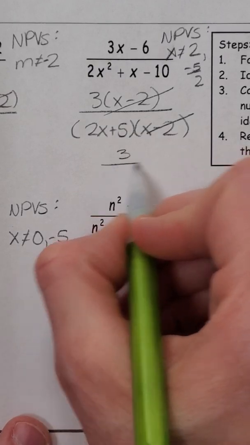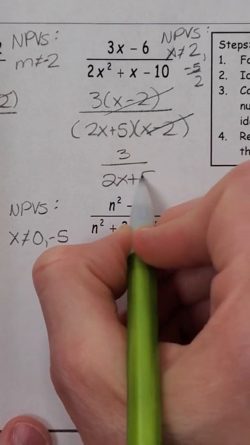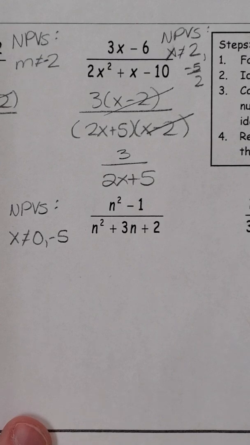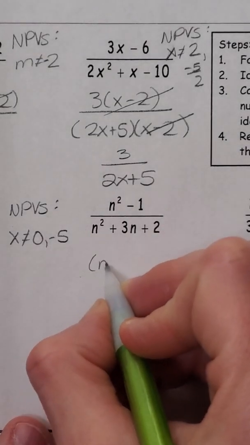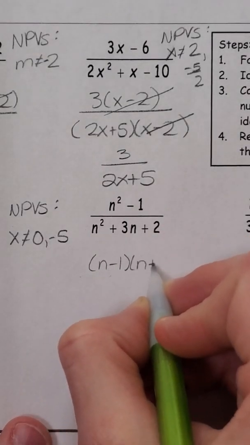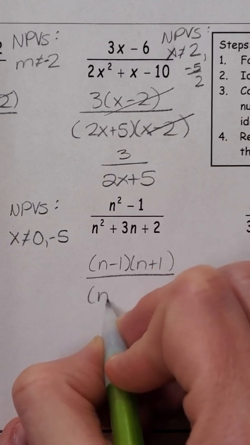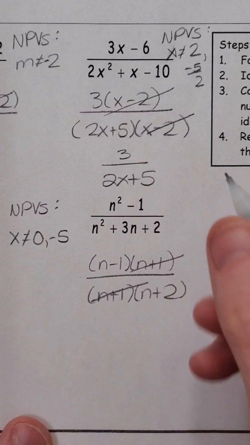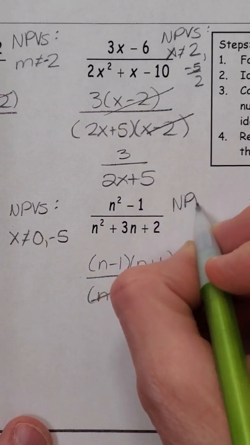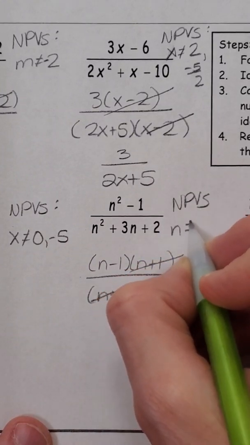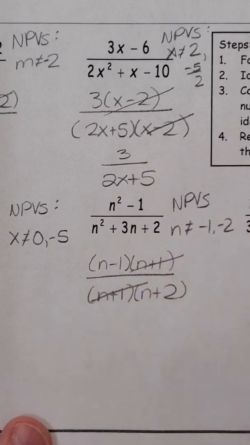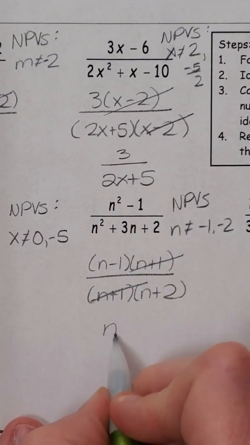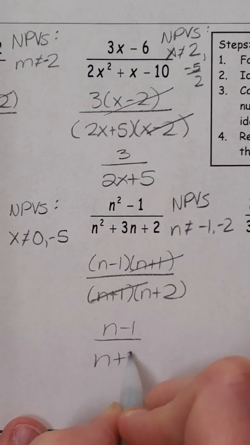And we're left with 3 over 2x plus 5. Difference of squares up top here. NPVs. n can't be -1 or -2. And we're left with that.